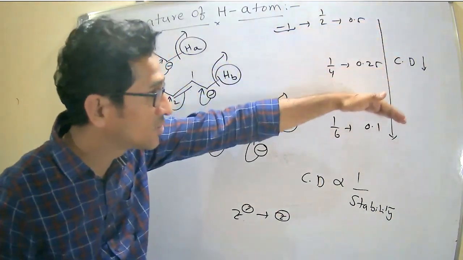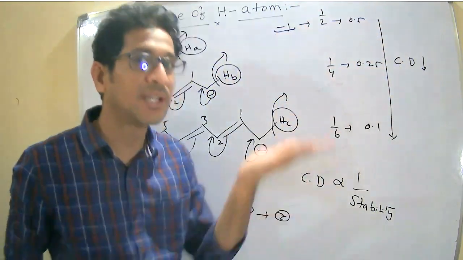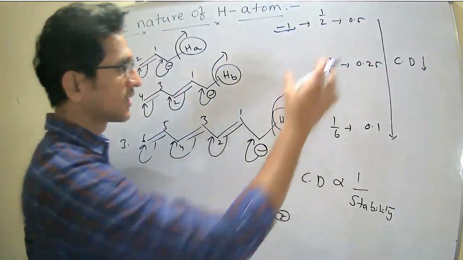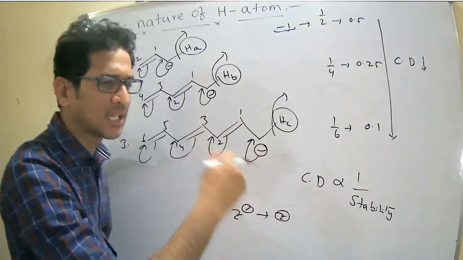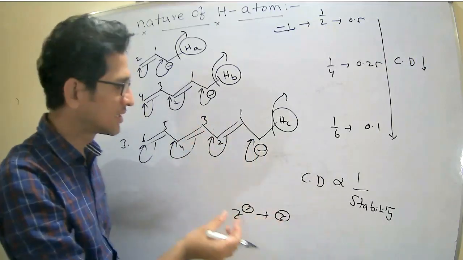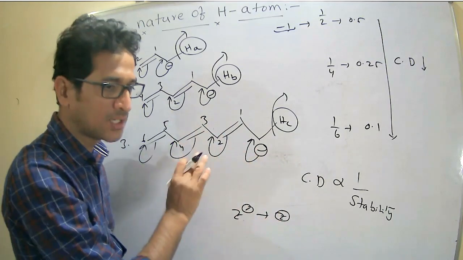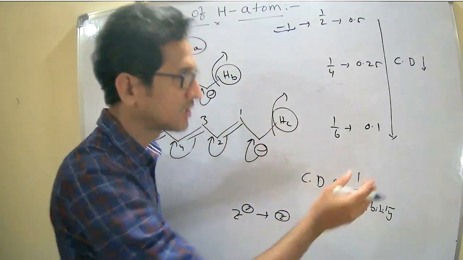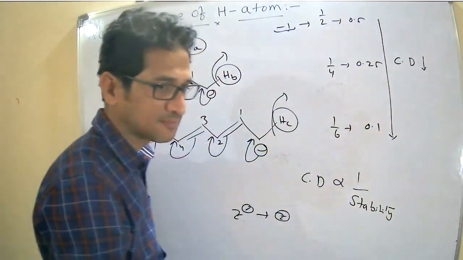The extent of the negative charge is decreasing, and a decreasing negative charge means stability is increasing. What is the reason for that? Due to delocalization or resonance. Whenever the negative charge is in conjugation with pi bonds, delocalization occurs, and delocalization means charge density decreases.